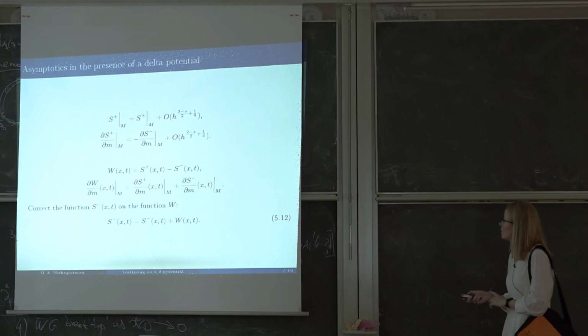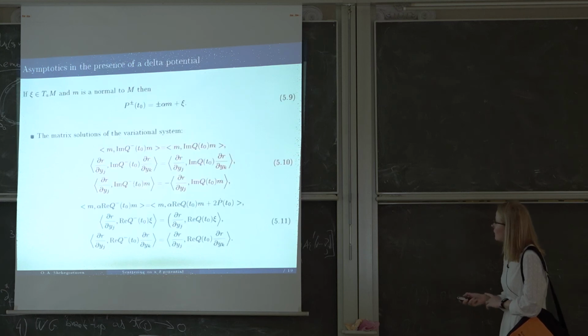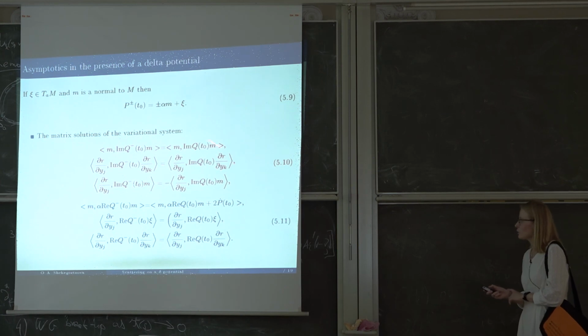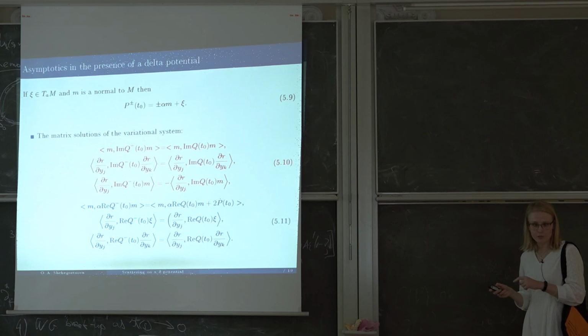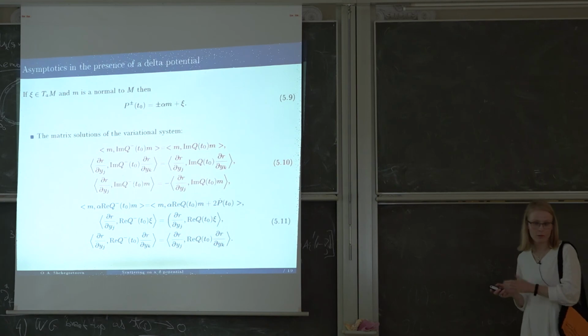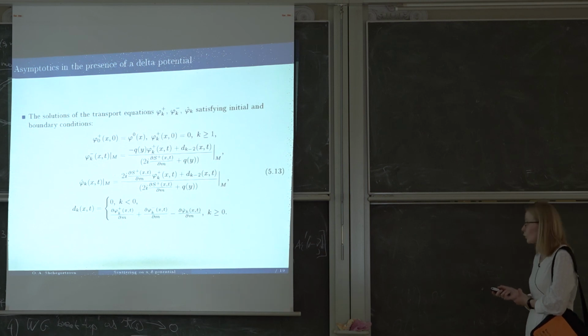I also want to say about these conditions that the conditions for the matrix Q are the conditions for the variational system for the matrices B and C. And these conditions define the complex germ. Then we need to write the solution for the transport equation.